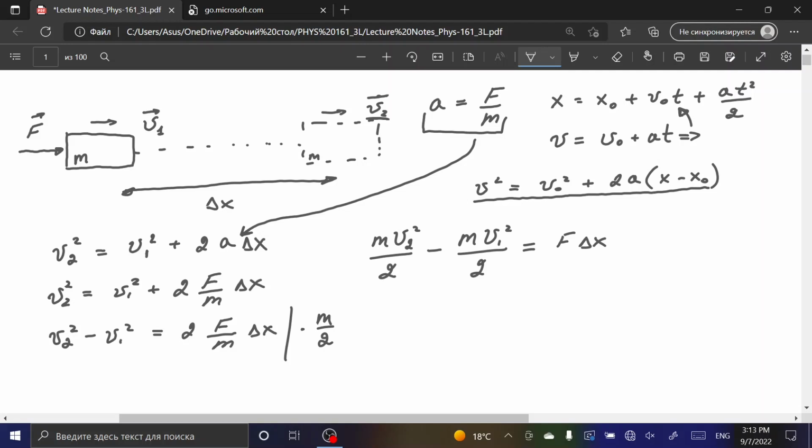We remember that work is defined as the magnitude of the force vector times the magnitude of the displacement vector times cosine alpha, which is the angle between the force and displacement vectors. Here, the angle is equal to 0, cosine 0 is unity. So that's why we have F times delta x. And that will be just work.